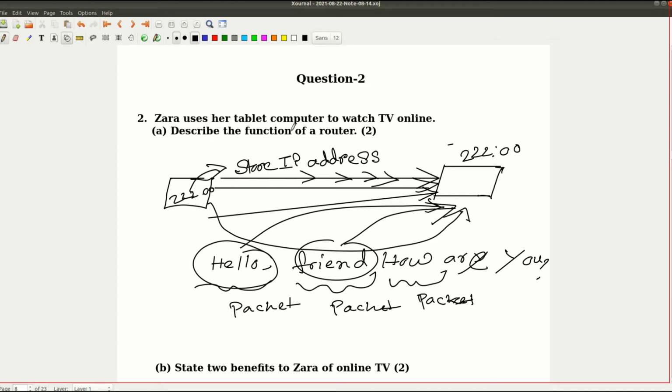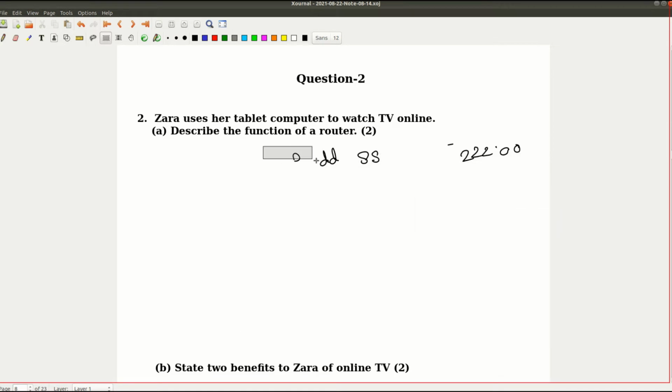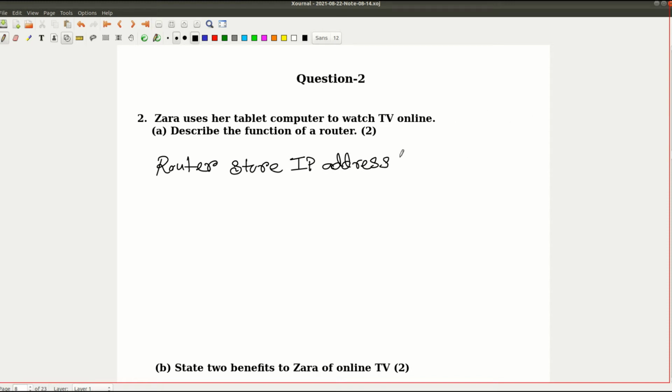Okay, so what we will write here, you can write: router stores IP addresses in a routing table, like it has a table where it stores all the IP addresses.